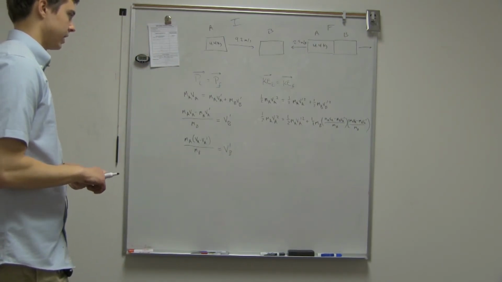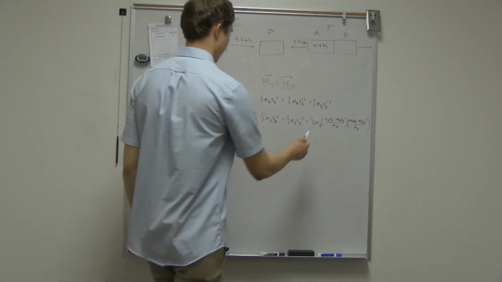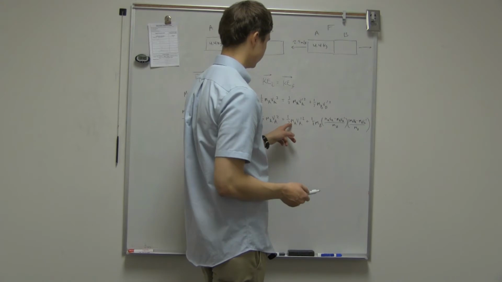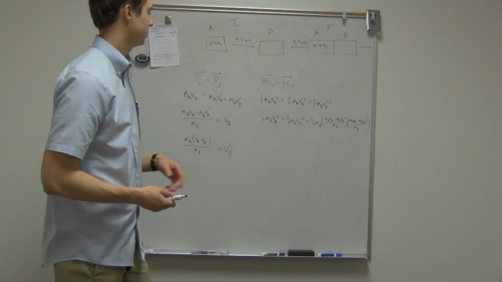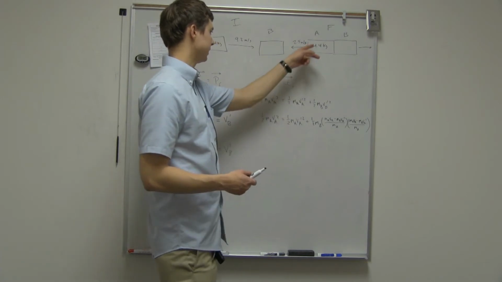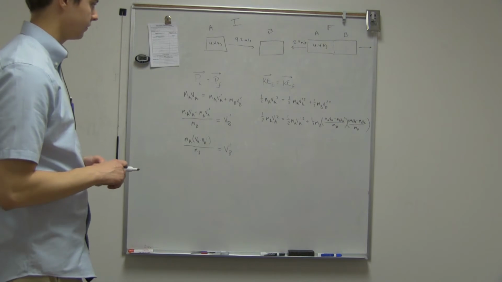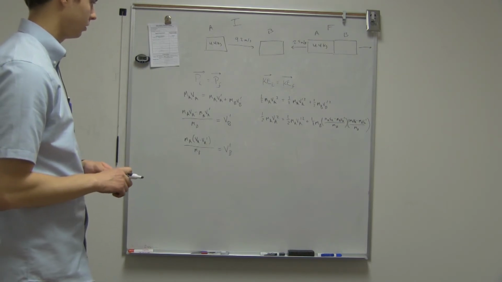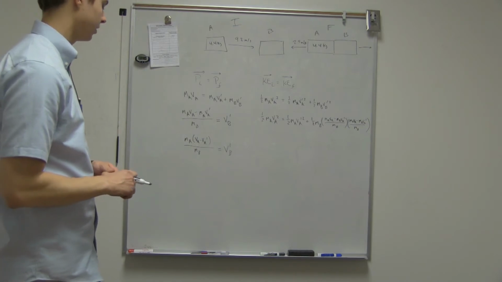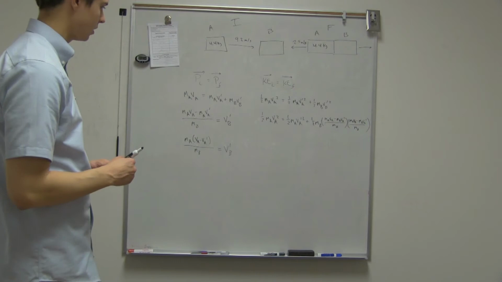Okay, so now it looks like we've got 3 variables. We've got mass of B, and then mass of A and velocity of A. But it gave us mass of A and velocity of A, so really we only have 1 variable. Let's see if there's any way we can clean it up a bit more before we start plugging stuff in. That might be as far as we can go.